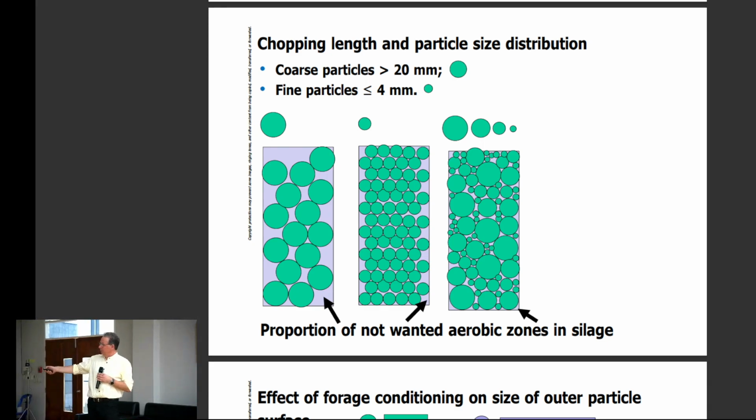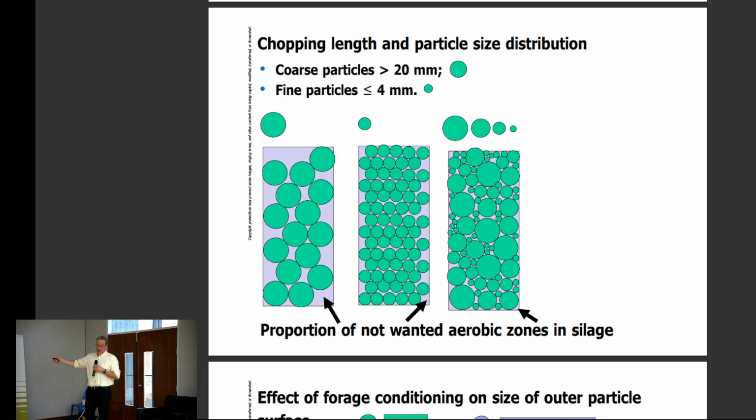If you have two particles of the same size, that still does not mean that the outer surface, and this rectangle should reflect the outer surface, is the same, because depending on what kind of harvester you have, what kind of corn cracking operations and so on, you might have one where you have a much bigger outer surface, and that means it's much better to ensile, it's much better to ferment, it's much better to digest by the animals.